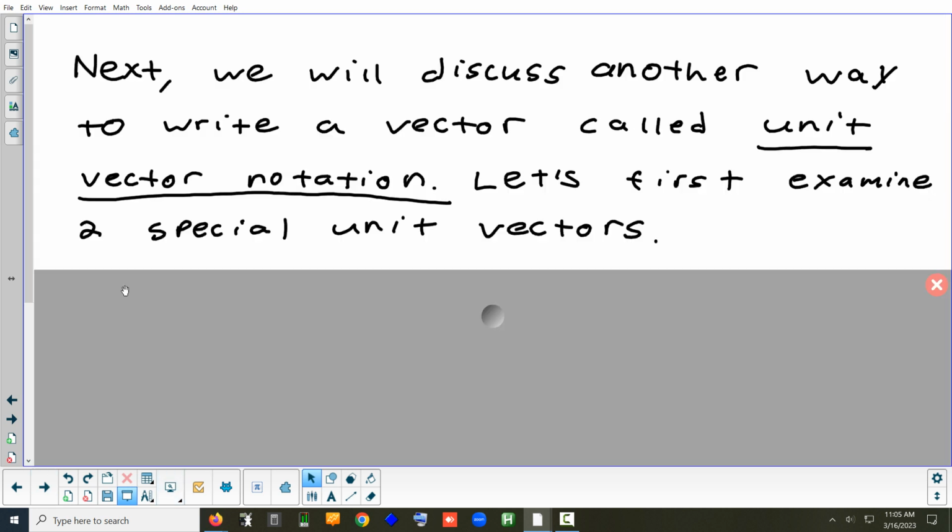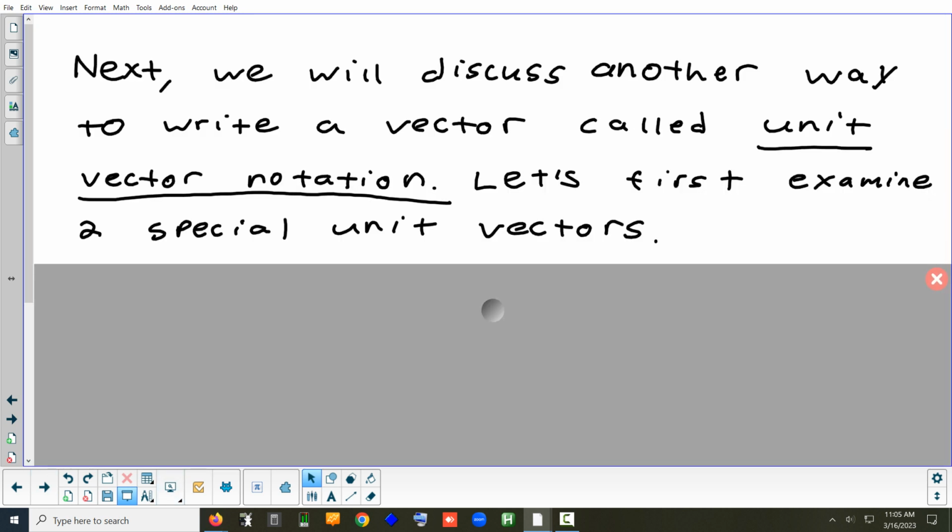Okay, so the last notation we're going to look at, and this is the notation we're going to use pretty much the rest of the week, is called unit vector notation. So it's going to rely on what we call unit vectors, and we talked about that last time. What makes something a unit vector?